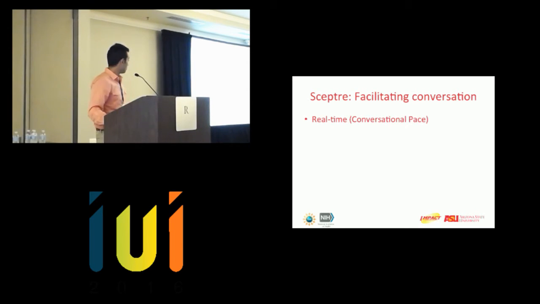So we did some usability studies and asked users what would be the most important thing they would want in such a system before we started work on it. They suggested that it had to be real time to support an actual conversation, and that it had to be non-invasive because there's already a lot of stigma associated with using heavy equipment, especially in the deaf community, because they don't want to be singled out.